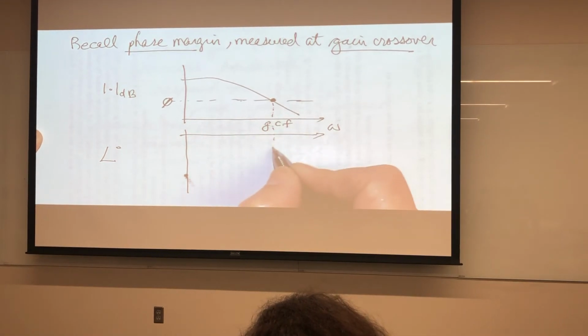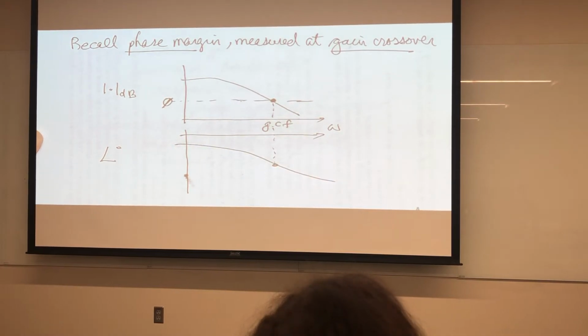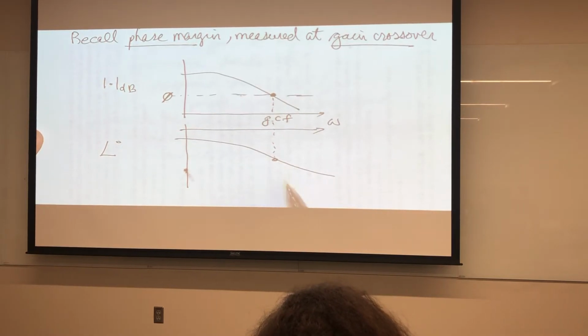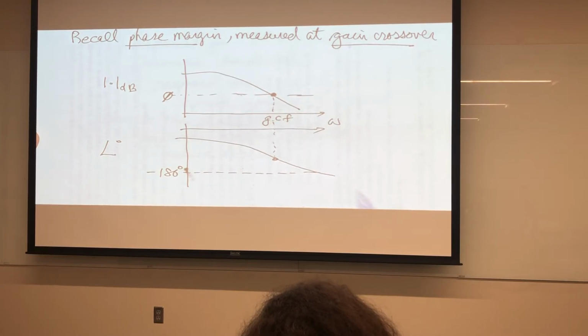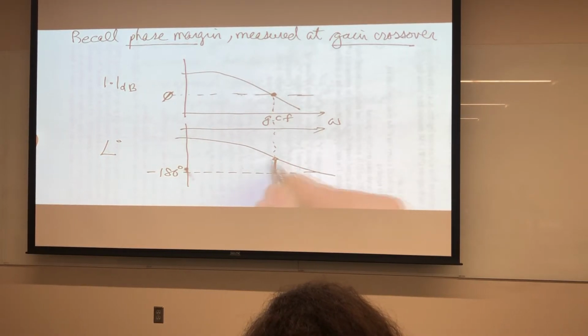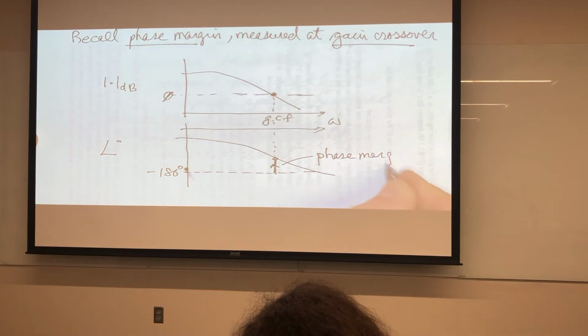And then we continue to drop down, and we take a look at where it hits the phase line, and we compare that phase line to, say, 180 degrees. Okay, that's the margin. So the important line here is minus 180 degrees. And so we look at this. Remember, we always draw from the line to the actual phase. And so this is my phase margin.